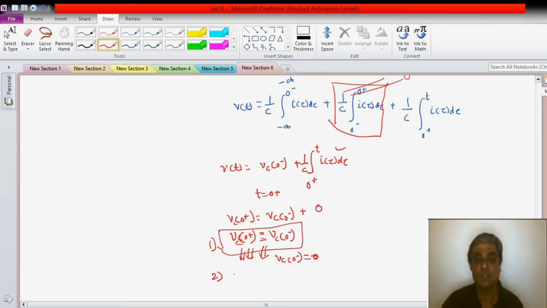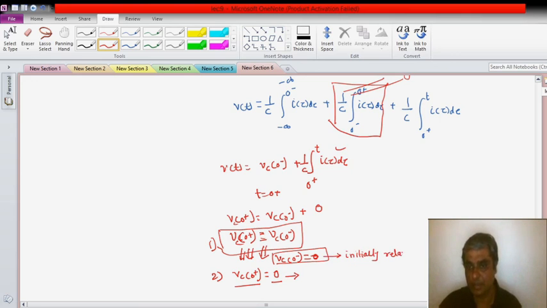Vc of 0 positive after applying the switching, my observation is that the voltage across the capacitor is 0. So with this I can make some conclusion: initially Vc of 0 negative being 0 means what? An initially relaxed capacitor.